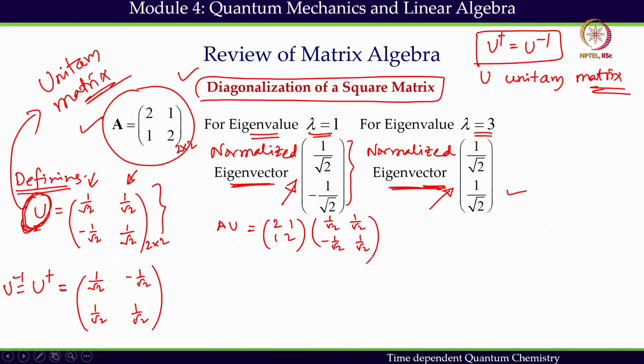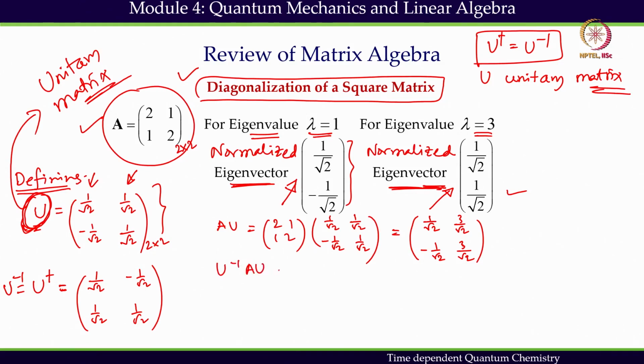This is the matrix I have, and if I multiply it, I am not showing it explicitly, I will just write down the final form. You can do it on your own once you know this matrix multiplication. 3 by square root of 2. So, this is going to be AU.